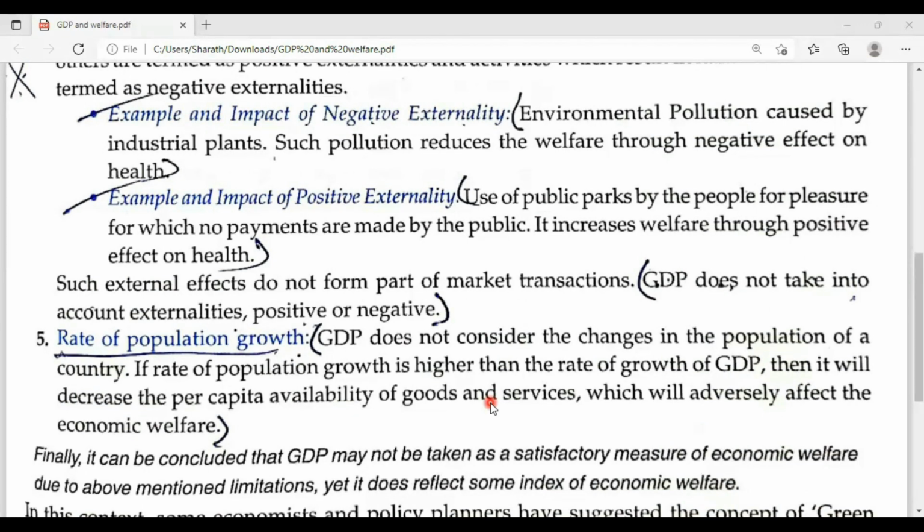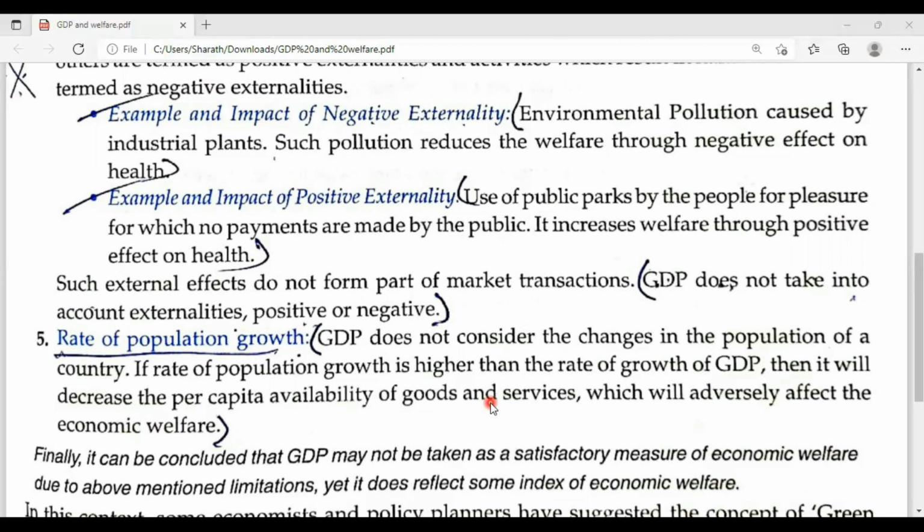The growth rate of population needs to be curbed. But when you analyze GDP without the growth of population, it won't give a true picture of an economy.